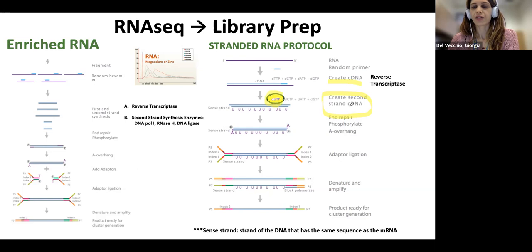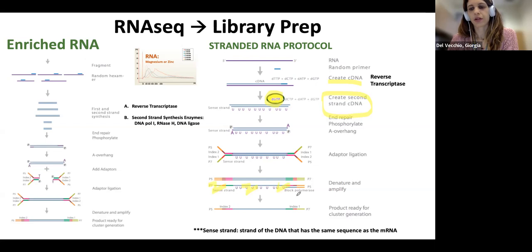So in the second strand synthesis, we are introducing uracil. So and then we perform the same steps as before, end repair and adapter ligation. But when we go to the PCR amplification, we can remove the filament that contains uracil.